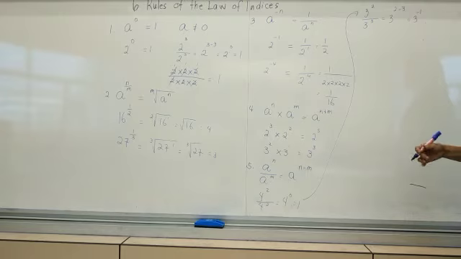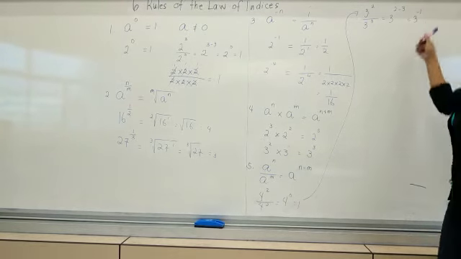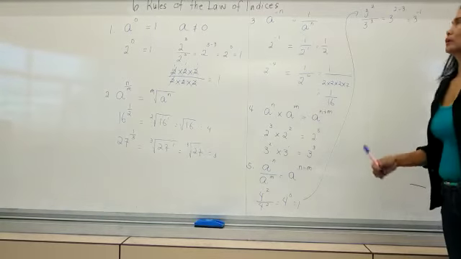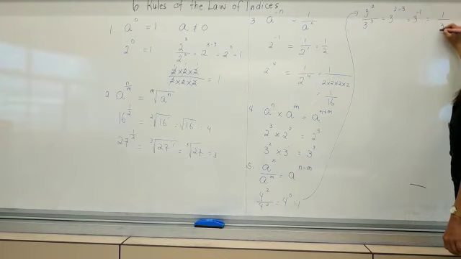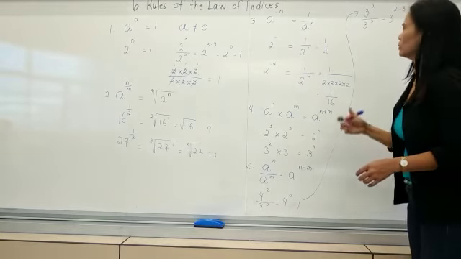As much as possible, we don't like a negative exponent, so you can look back at rule number 3, wherein you can write this one as 1 over 3 to the power of 1, or 1 over 3.